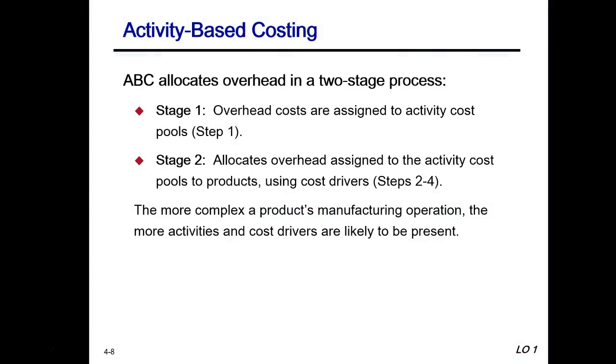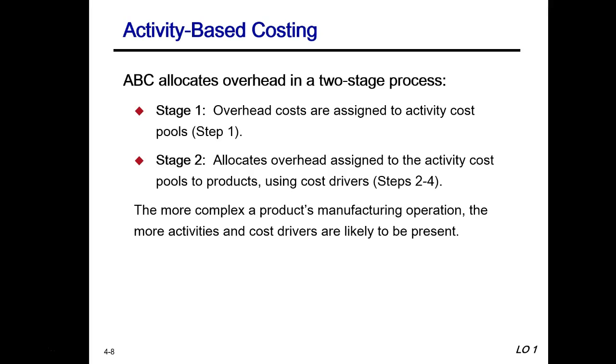Now, generally speaking, there is a two-step process in here. First, the overhead costs get assigned to the pools, and then from there we allocate overhead assigned to the activity cost pools to various products using cost drivers.